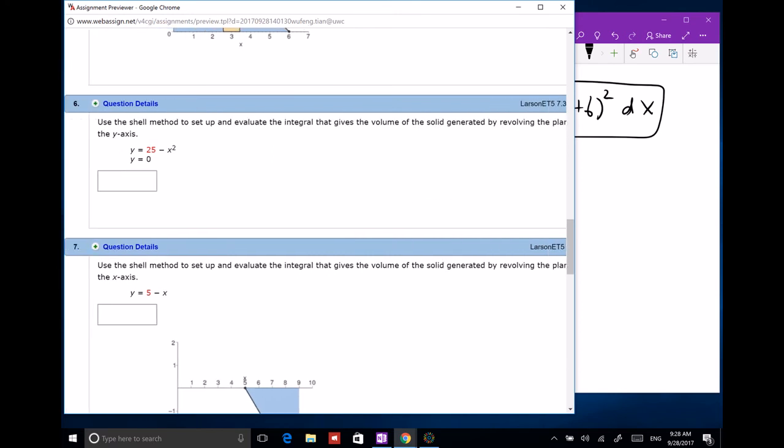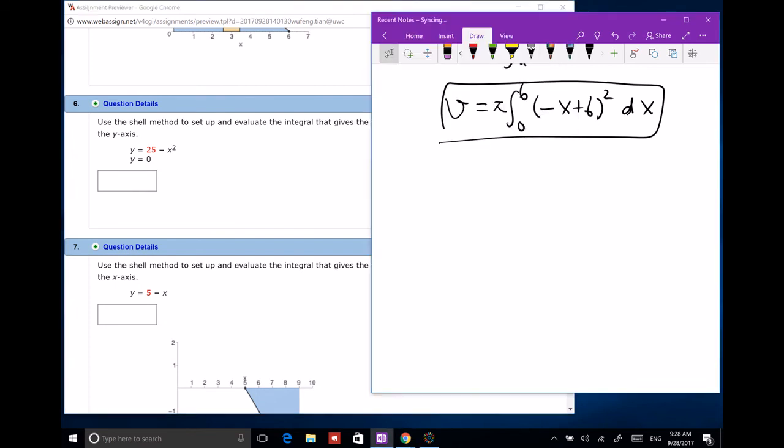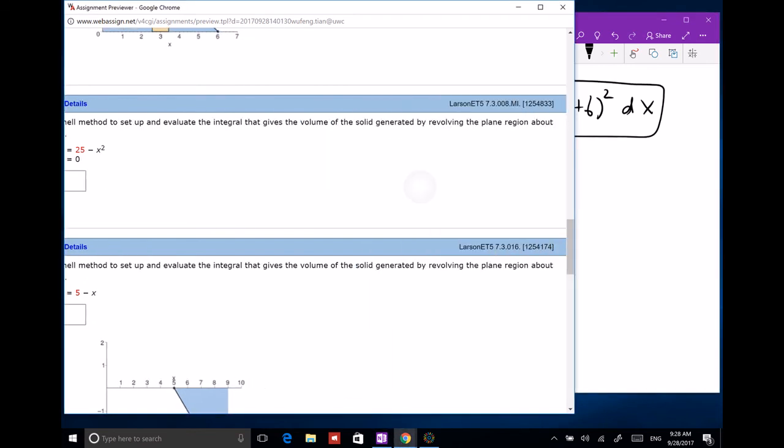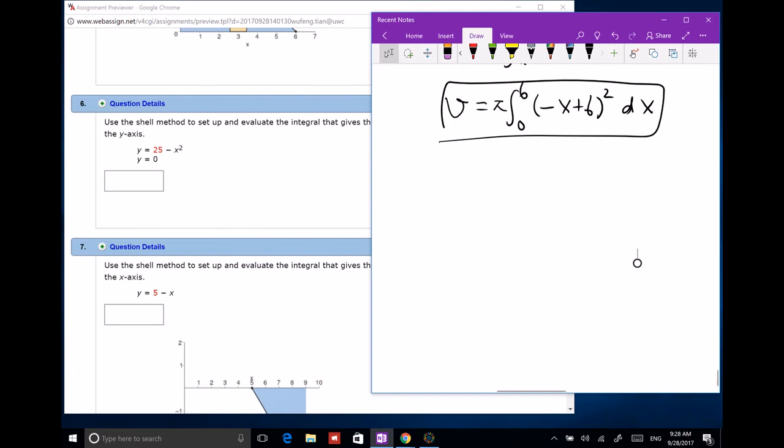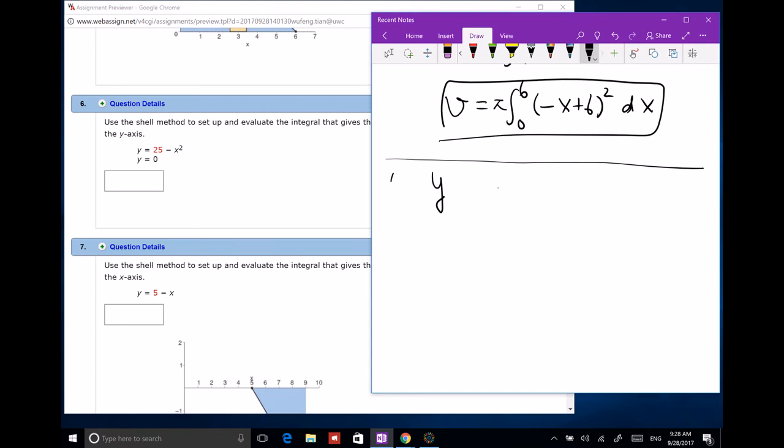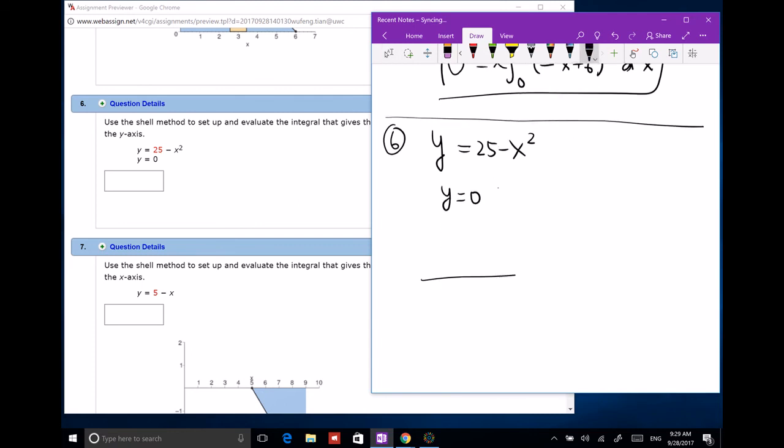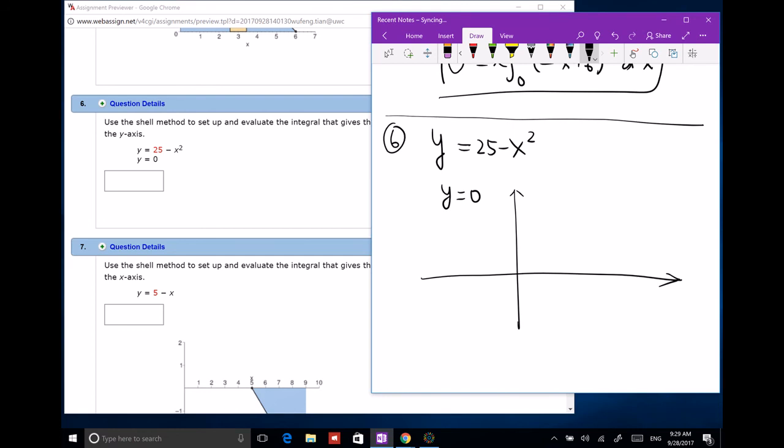Okay, so number 6. Use the shell method. It tells you to use the shell method to set up and evaluate the integral that gives the volume of the solid generated by revolving the plane region about this. Number 6: y equals 25 minus x squared, and y equals 0. If you draw the picture, y equals 25 minus x squared is a parabola opening downward.